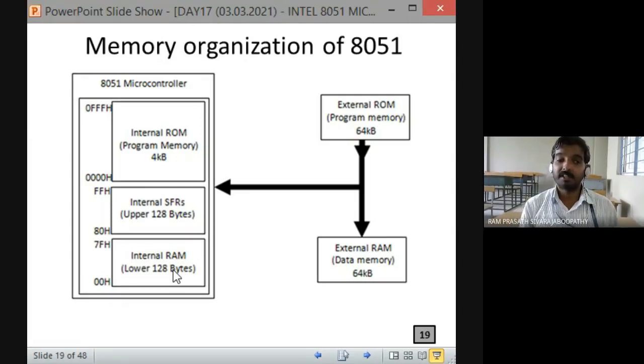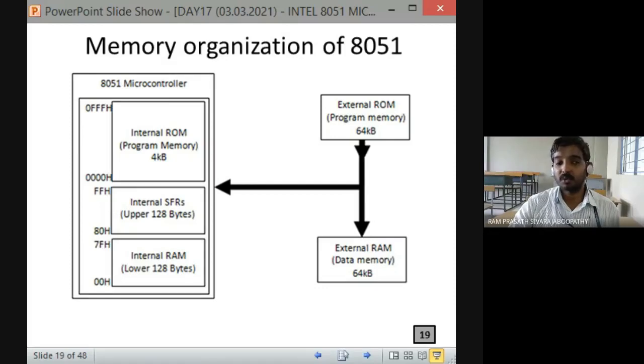In Intel 8051, we have a set of registers that we call special function registers, abbreviated as SFR. For SFR, they allocate the address space from 80 to FF.